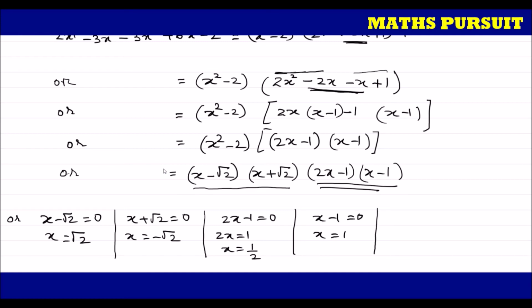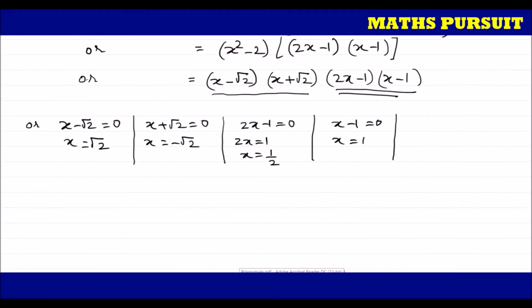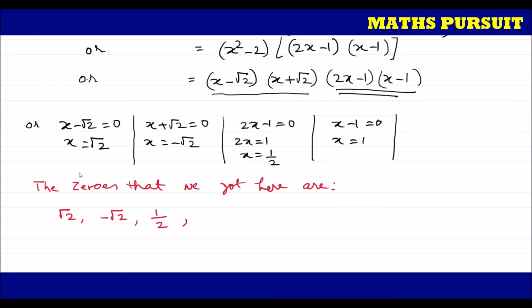So guys, what are the things that we got here? The factors, or let me use the word zeros. The zeros that we got here are: one is root 2, the other one is minus root 2, these two are already given, and then 1 upon 2, and the other one is 1.